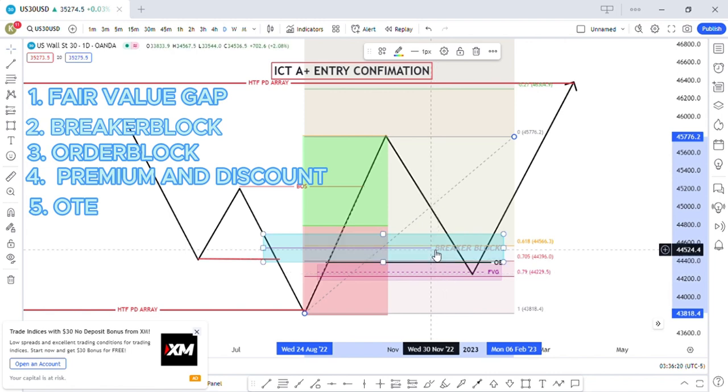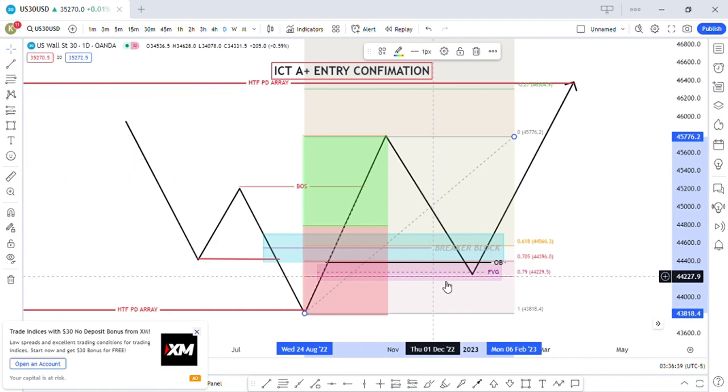So when you want to do further refinement of your entry, you can use a 50%. You can use the 50% of the breaker block. You can take your first entry here, then your second entry at the order block, and your third entry at the fair value gap and the OTE, because the fair value gap and the OTE align perfectly, right?